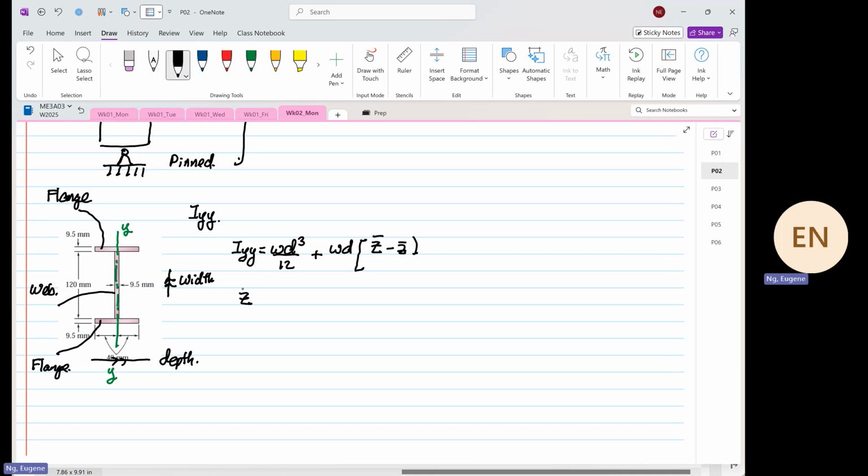Capital Z bar denotes the global centroid position. The small z bar is the individual section centroid position.